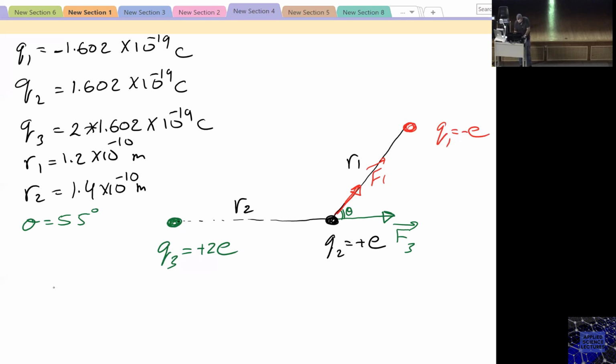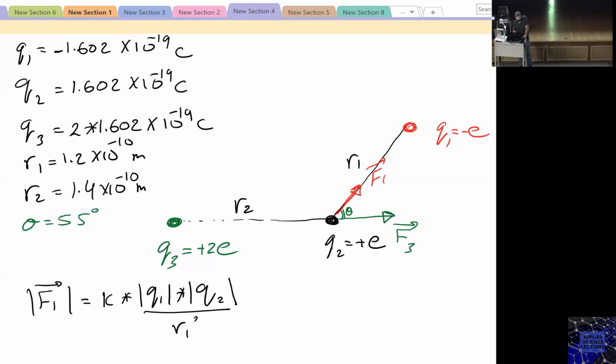So let's do this. F1 magnitude equals K times Q1 times Q2, divided by R1 squared.